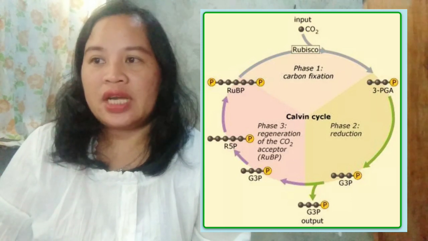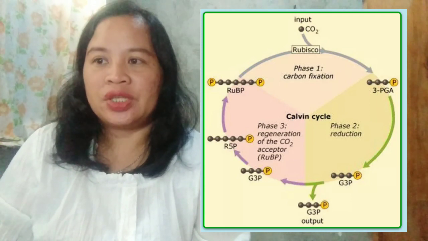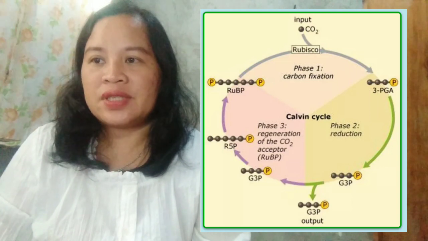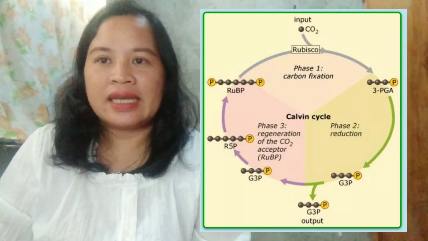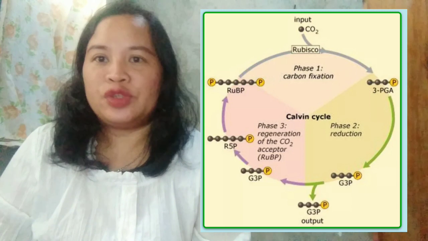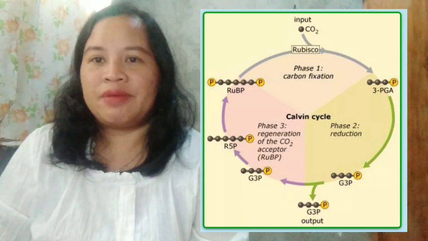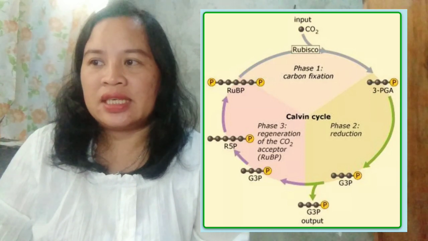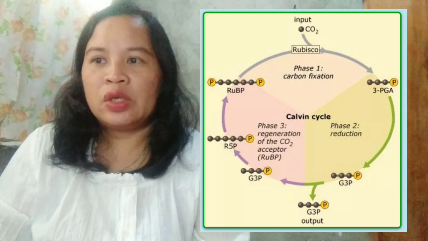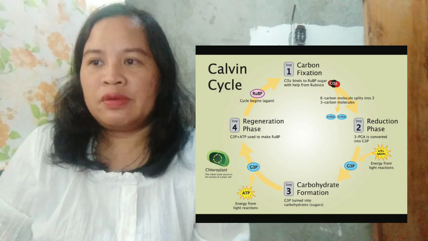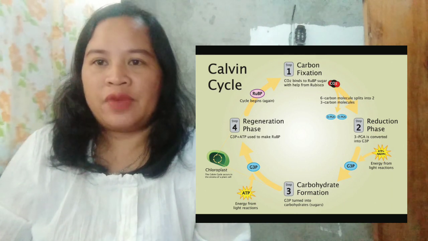The light-independent reactions of the Calvin cycle can be organized into 3 basic stages: fixation, reduction, and regeneration. Carbon fixation occurs, which is catalyzed by an enzyme called Rubisco. Rubisco captures carbon dioxide from the atmosphere and attaches it to a 5-carbon sugar called ribulose bisphosphate.